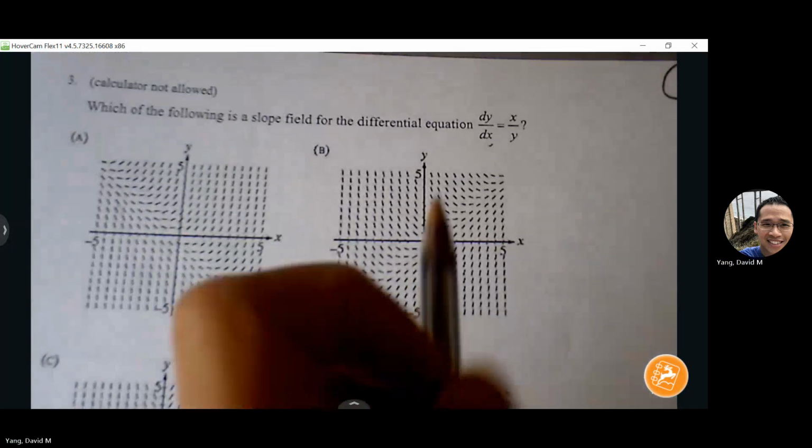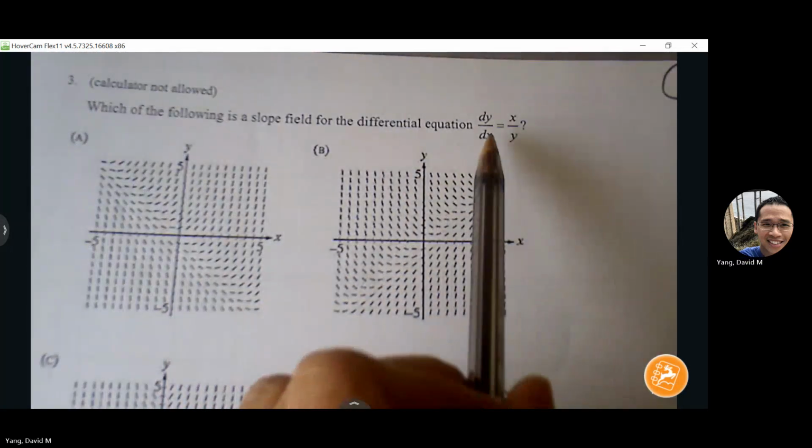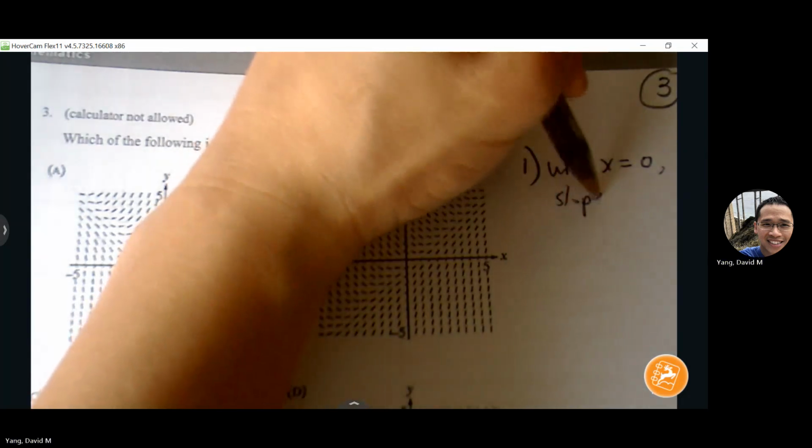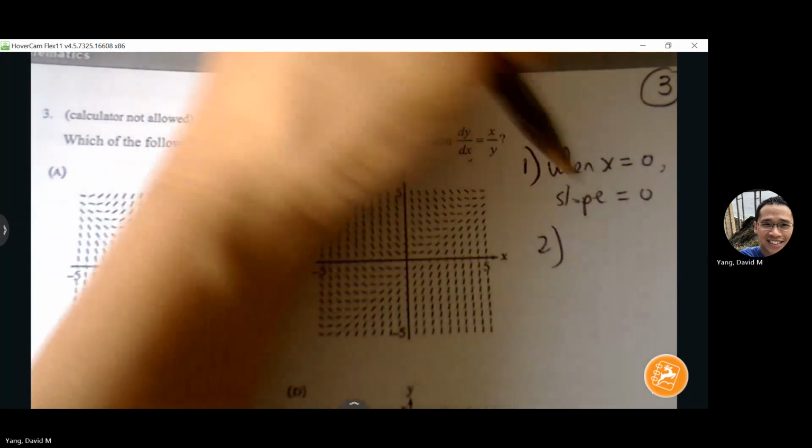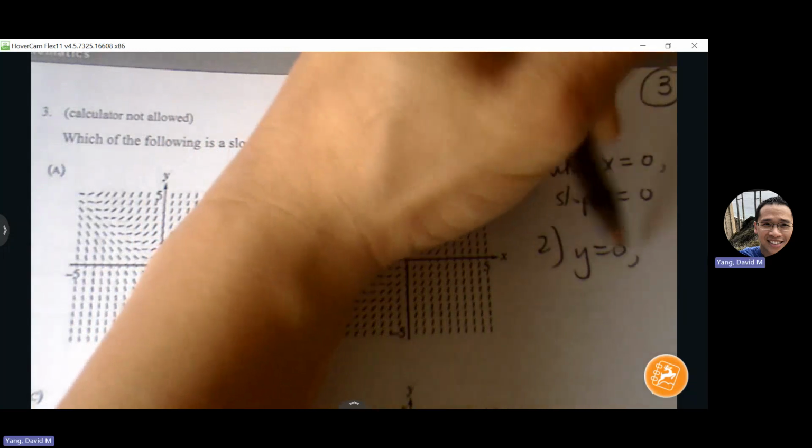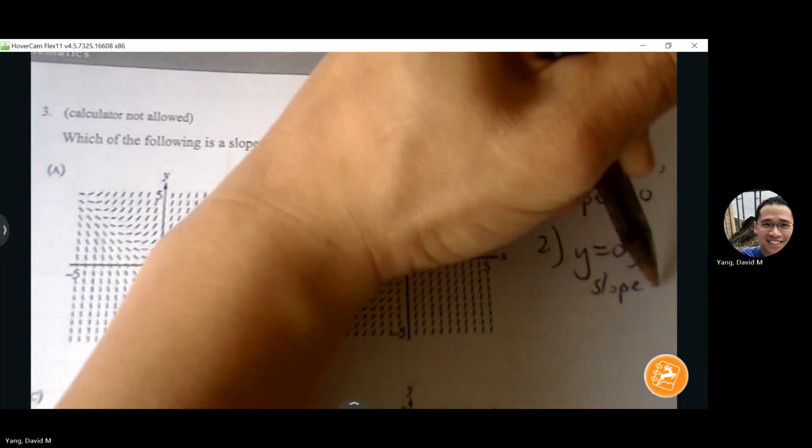Okay, we have a couple options here. Getting 0 slope. I know that when y is equal to 0, I should be getting slope undefined.